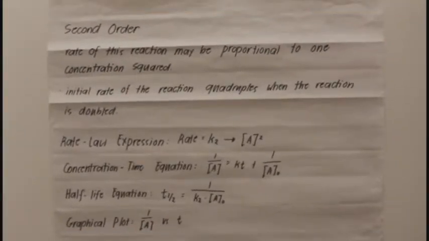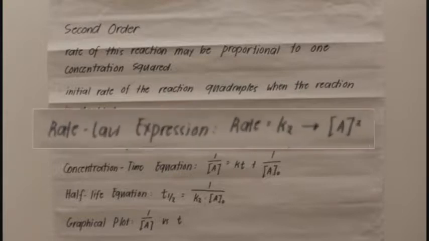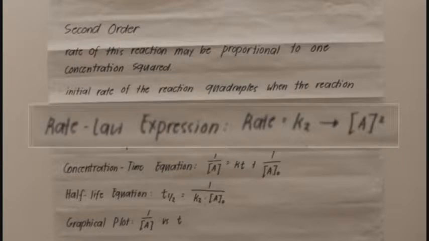Lastly, the second order. The rate of this reaction may be proportional to one concentration squared. Its initial rate of reaction quadruples when the reactant concentration is doubled. The rate law expression is where rate is equal to K sub 2 multiplied by the concentration raised to exponent 2.